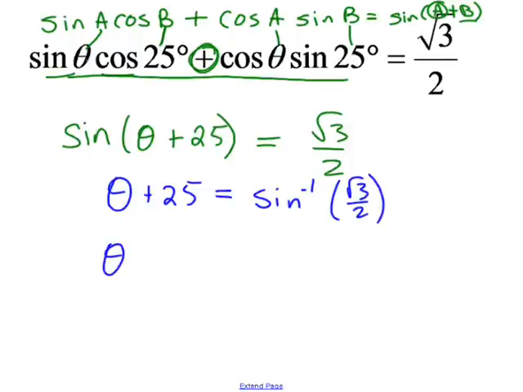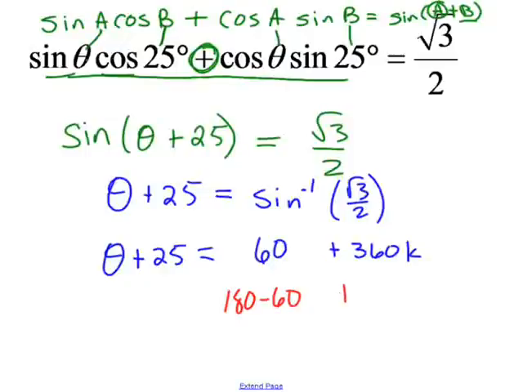And so I ask you, what is inverse sine of root 3 over 2? Hopefully you tell me my answer is 60 degrees plus 360k, but also don't forget it is 180 minus 60 plus 360 degrees. Remember there are two quadrants where sine is positive.